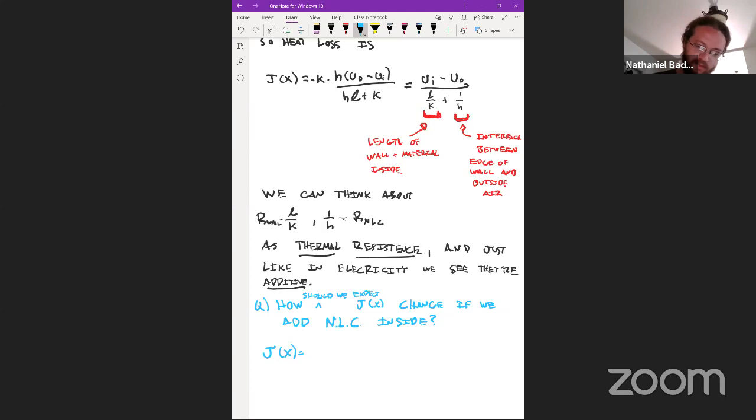So you should get UI minus U0 over the resistance due to the wall plus the resistance due to the inside Newton's law condition plus the resistance due to the outside Newton's law condition.